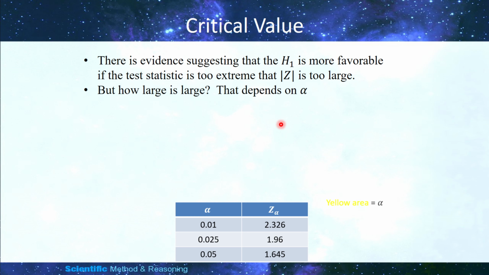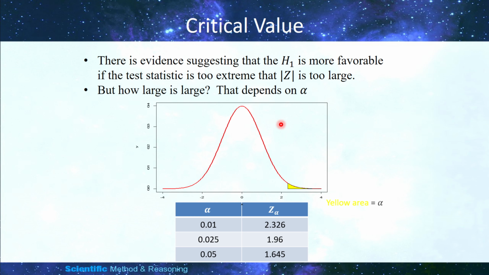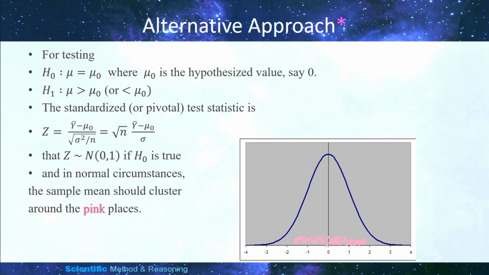For example, we only have the one-sided test in this course. Say we are testing the alternative that mu is greater than mu naught. So we will only reject the null hypothesis if the test statistic is large.